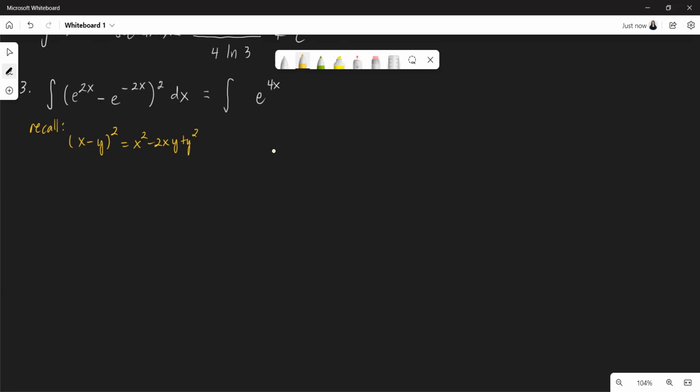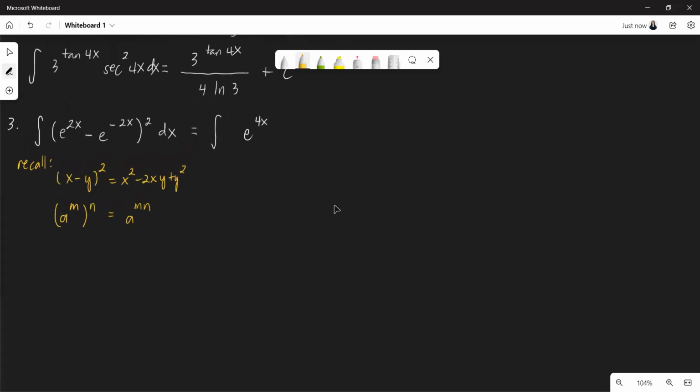If you have, let's just say, a raised to the power of m, and then you're going to raise this to a power of n, you simply copy the base and then multiply the two powers. So e raised to the power of 2x, if you square that, that's e raised to the power of 2x times 2, or that's 4x.